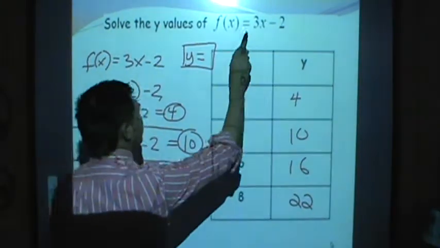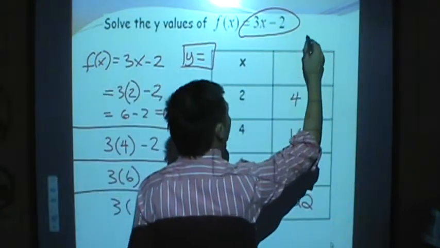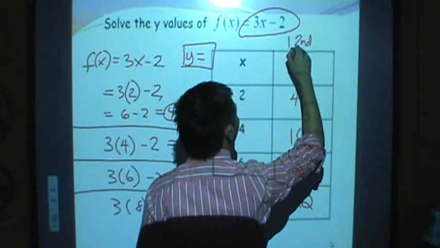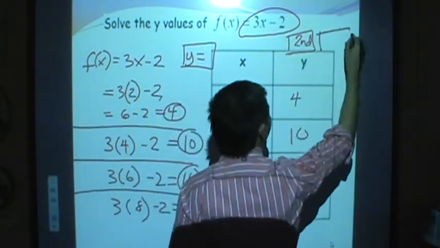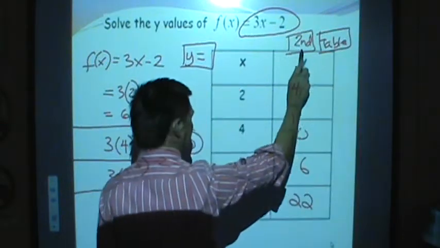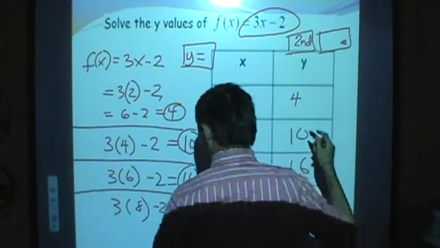and then type in this one, and then press second, and then press the table. Now the reason why you're pressing second, no, my bad, second, and then I believe it's graph.